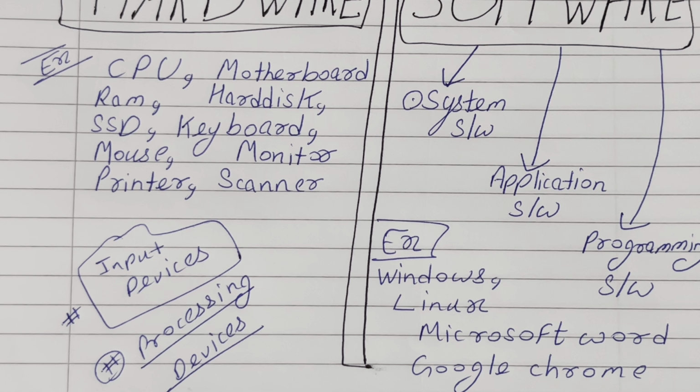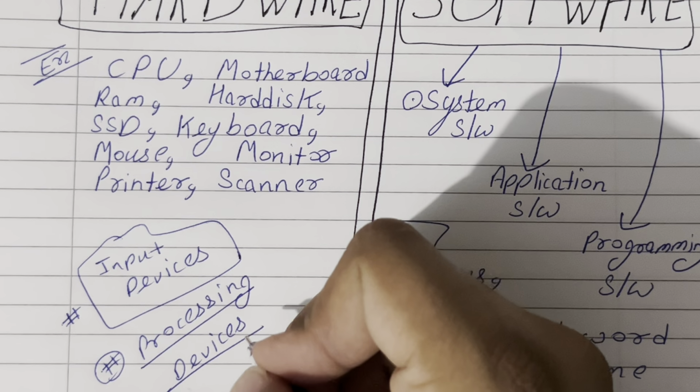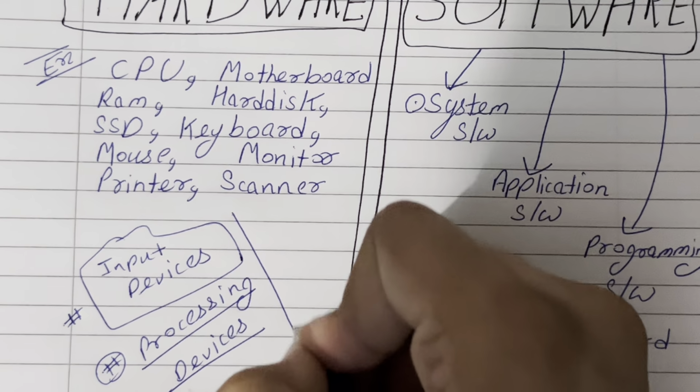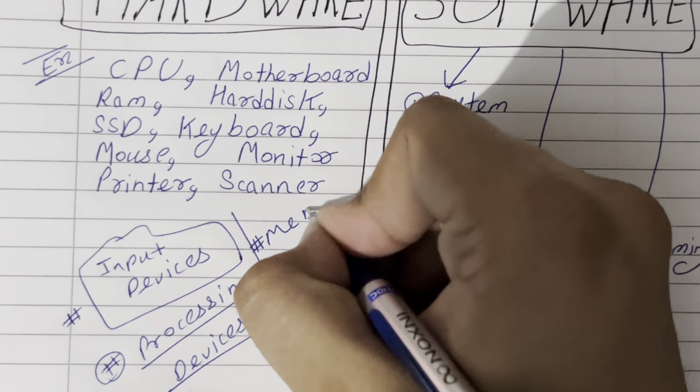Next are registers. They are small high-speed storage locations used to temporarily hold data and instructions during processing. Next is memory in hardware.